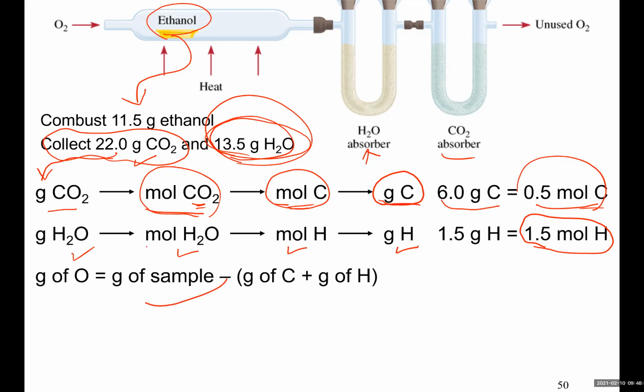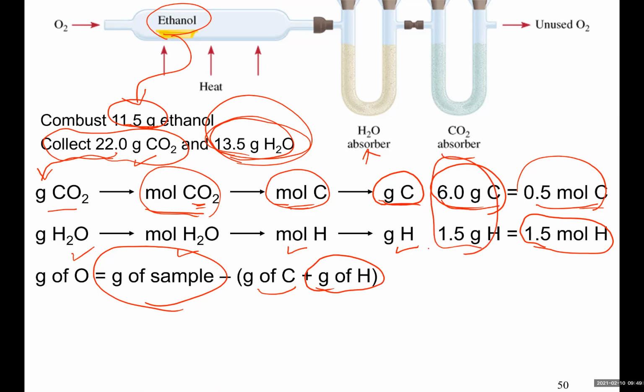In other words, I have mass of sample, 11.5 grams, minus total mass of carbon, 6 grams, and mass of hydrogen. So together they are 7.5 grams. So if I say total mass, which is 11.5, minus 7.5, mass of carbon and hydrogen, that would be the mass of oxygen.